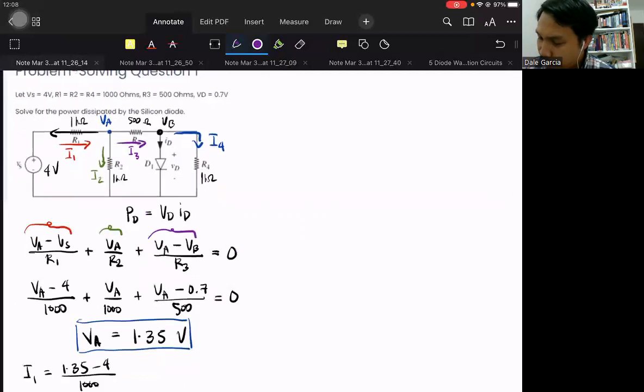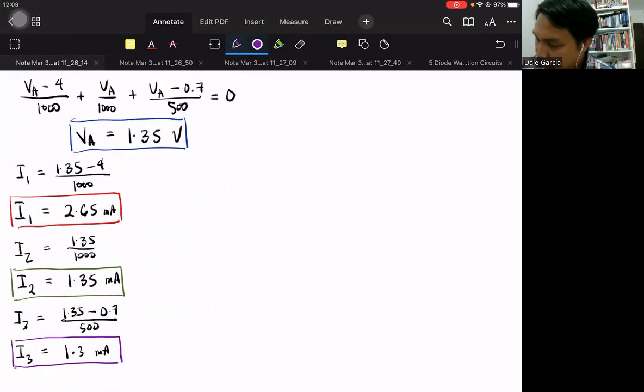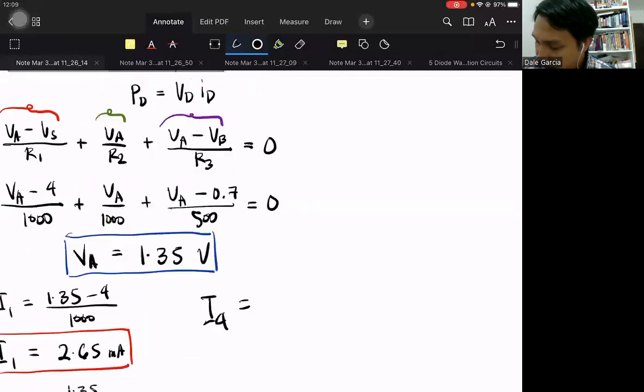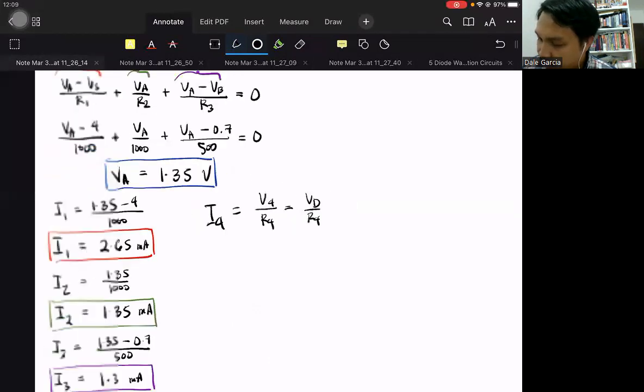Of course, we need to get I3 to get ID. No? So how about I4? How do you solve for I4? Ohm's law naman ni. I4 is equal to V4 divided by R4, and V4 is 0.7. So V4 over R4, which is VD. R4, V4 and VD is parallel man.